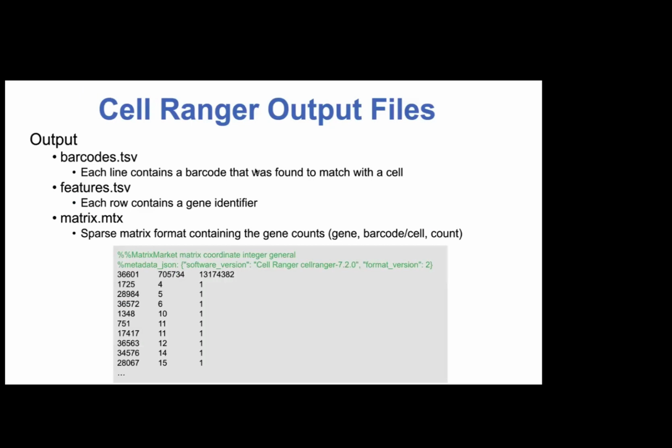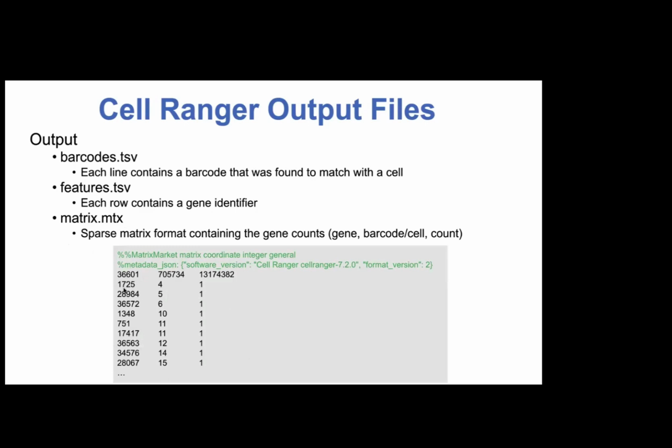Okay, and then the outputs will be these three files. The important one, well, they're all important, but the matrix MTX is this text file, and it has these three columns. The last one is the actual count. The second one is, I should have written this down.